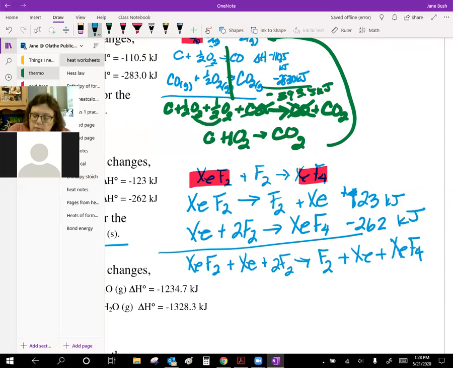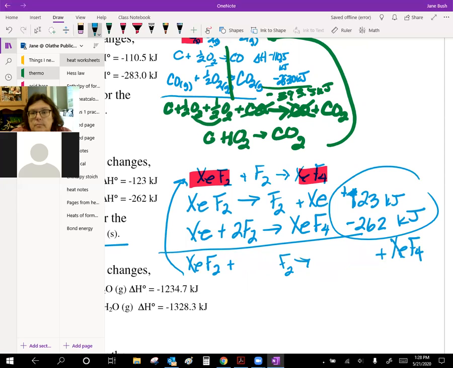We have one fluorine on the right side, 2 on the other, so that guy cancels out, and this guy becomes 1. So if I get rid of everything I crossed out, I now have the same equation that I started with. So I would just add those two together.